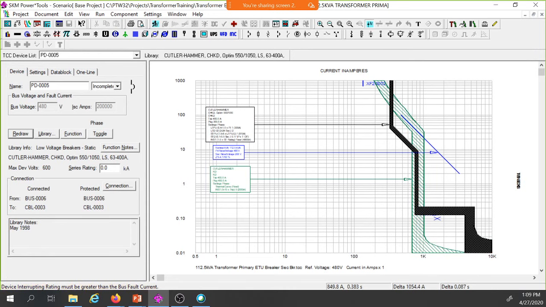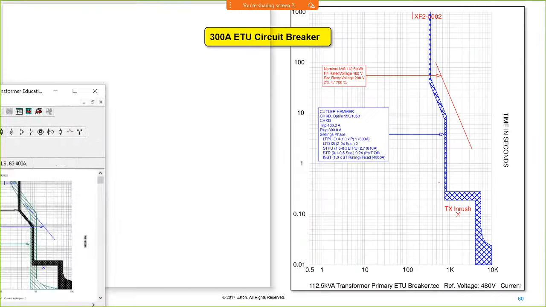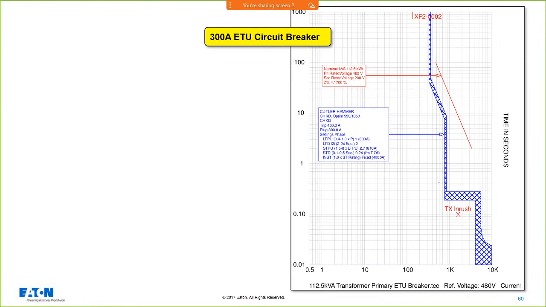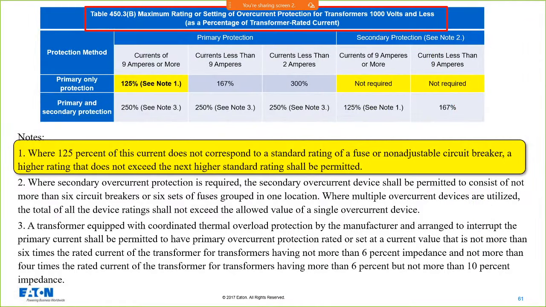So having an overlap is not bad. It'll provide lower incident energy on the secondary side of that transformer, because you'll get this primary breaker to trip and open. And we'll talk about that once we get through some of these examples. But in any case, that's sort of what's going on in that diagram. All right, so that's a 300 amp electronic trip unit breaker.